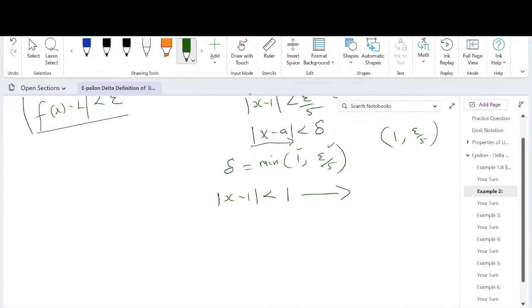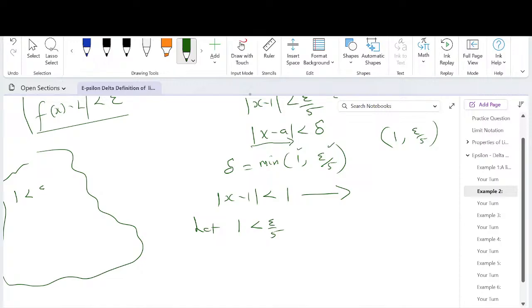So from here, let me say that 1 is less than epsilon over 5. Here you have two options. It's either you say 1 is less than epsilon over 5, or you say epsilon over 5 is less than 1.